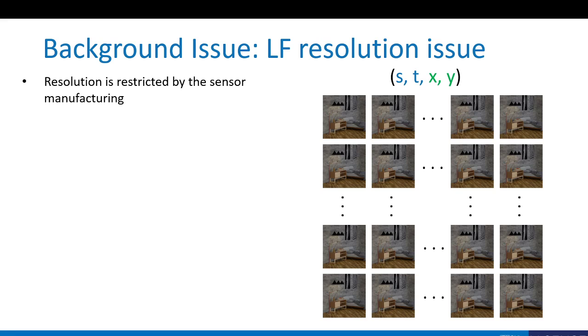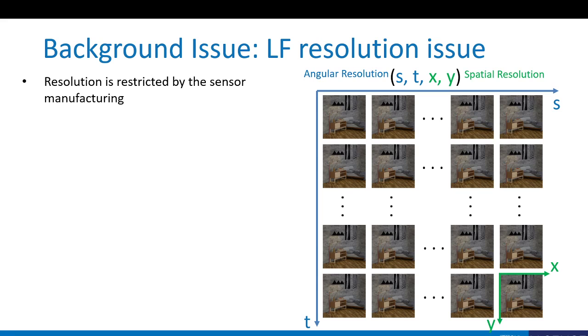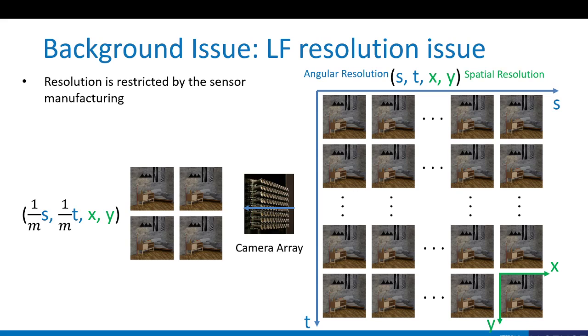Then, let me explain the issue about light field resolution we are facing here. Generally, an ideal light field is expected to have high definition in all four dimensions, which includes S and T as angular dimensions, X and Y as spatial dimensions. However, in practice, when we are trying to capture one light field with a camera array-based imaging system, we can only get a sparsely sampled light field, such as the one on the left, that may have equally good spatial resolution but lower angular resolution.